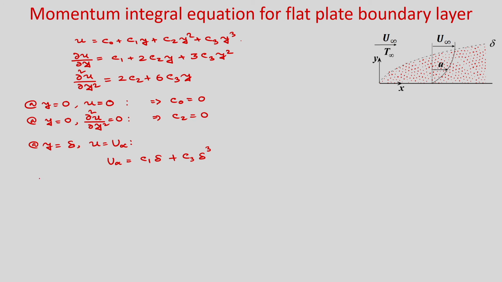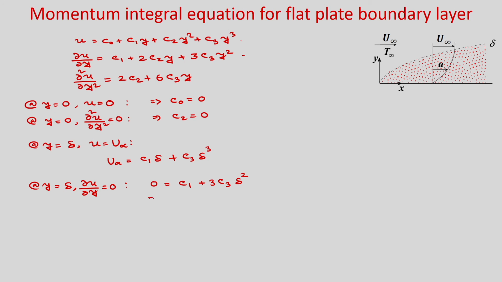And at y is equal to delta you have del u by del y is equal to 0. So, if you put it here, left hand side is 0 is equal to C1, C2 is 0, so you will get plus 3 C3 delta square.